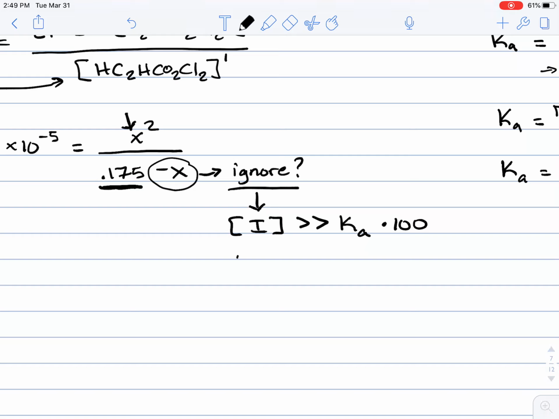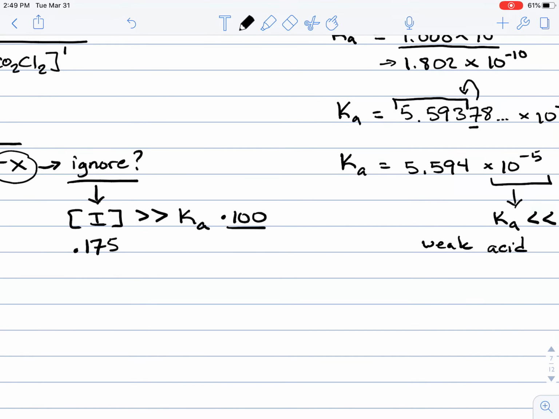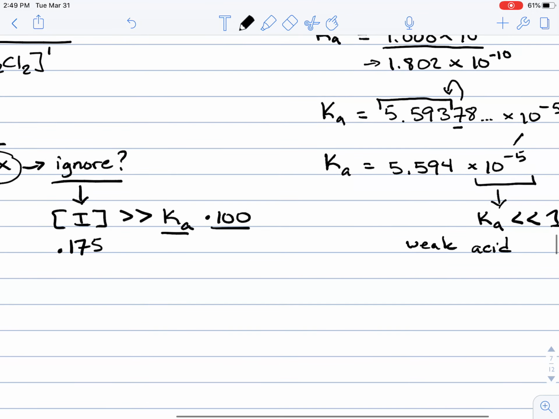And since the initial concentration is 0.175, if we multiply 100 by the value of Ka, which in this case is 5.594 times 10 to the negative 5, we're going to get 5.594 times 10 to the negative 3.